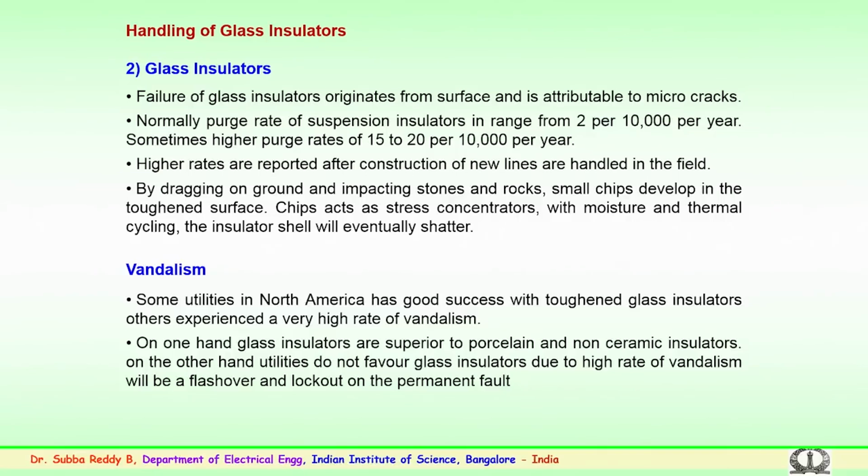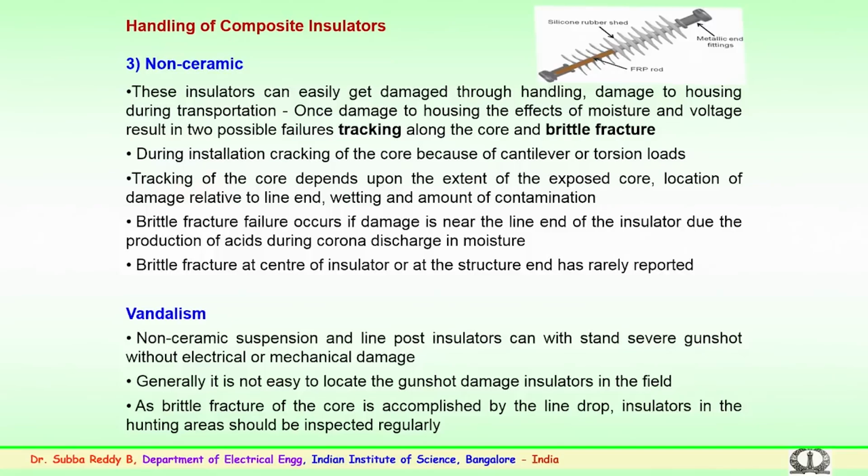On the other hand, utilities do not favor glass insulator due to high rate of vandalism, because there will be a flashover and a lockout on the permanent fault. So, this is one of the major concern pertaining to the glass insulators.